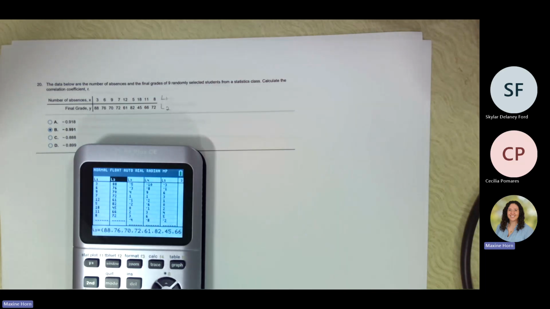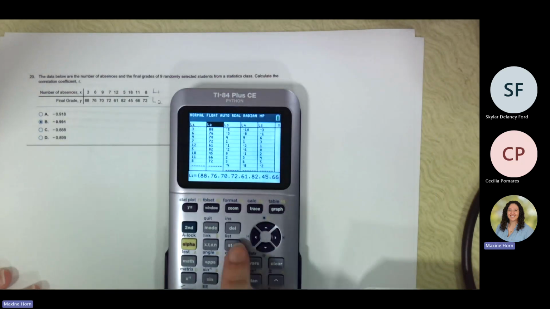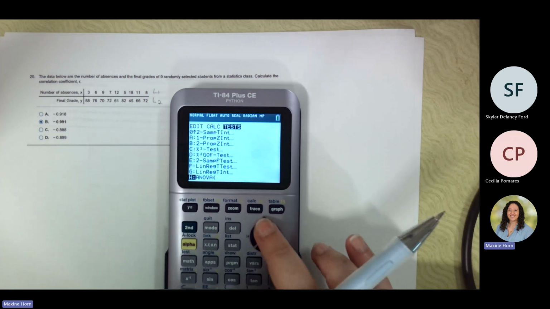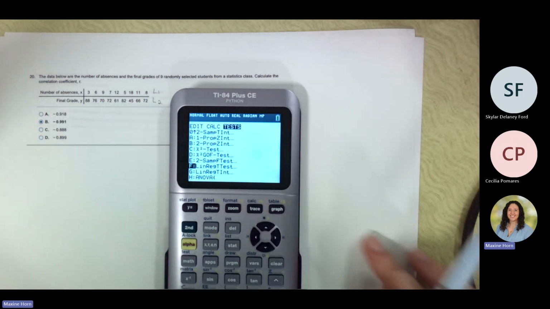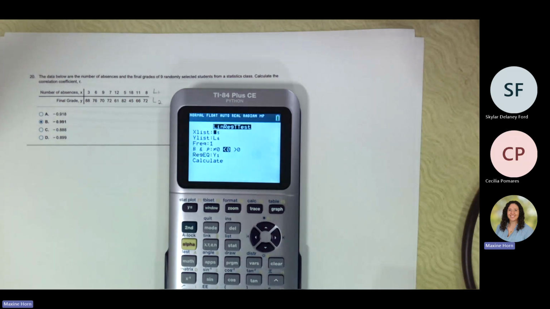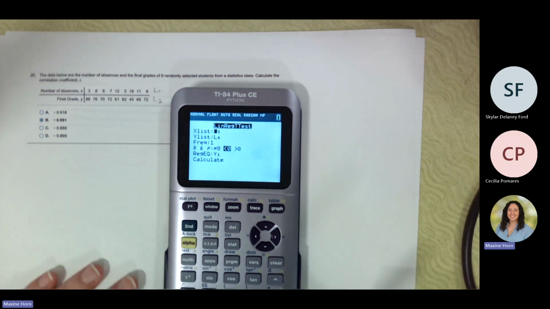Then we go to our linear regression t-test. It's in the same place as the other tests we were doing earlier in the day. So we go to stat, test, but I want to go all the way down to the bottom, linear regression t-test. Again, I have to tell it which lists to look at.